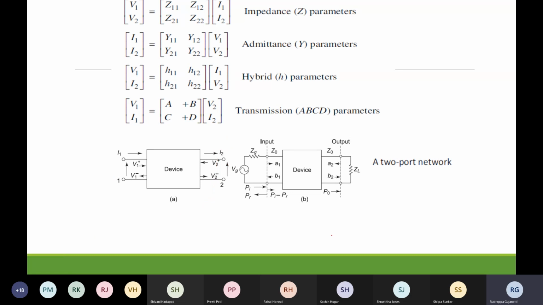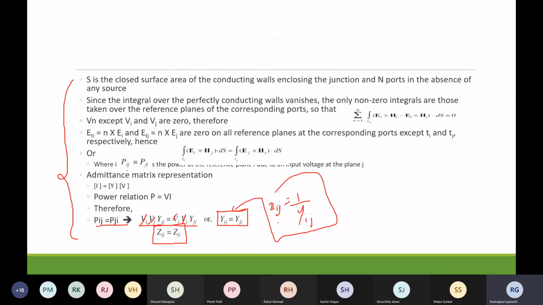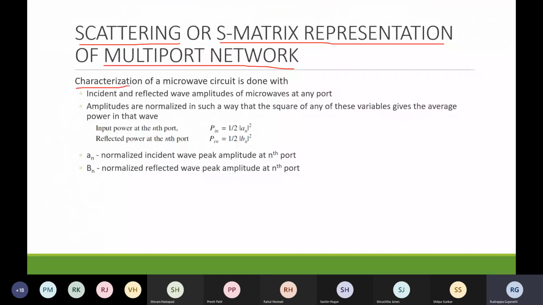But what about networks at high frequency, that is, microwave networks? In that case, we come across two parameters, as we had discussed, the incident and reflected parameters. So characterization of the microwave circuit is basically done with the help of the incident and the reflected wave amplitudes.